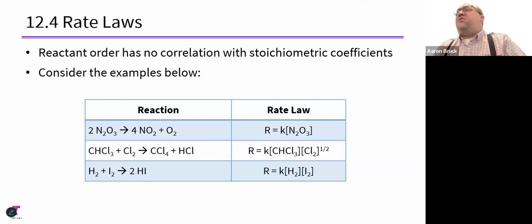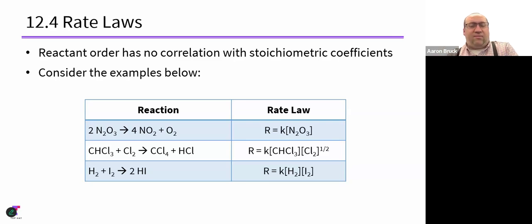I actually don't remember seeing fractional orders until I got into graduate school kinetics. So don't worry about seeing that kind of stuff here. That's something that you would only worry about if you took chemistry all the way to graduate school, which most of you probably will not.